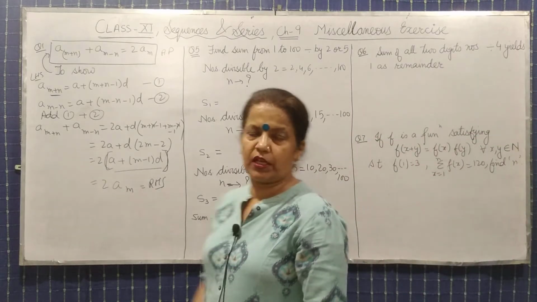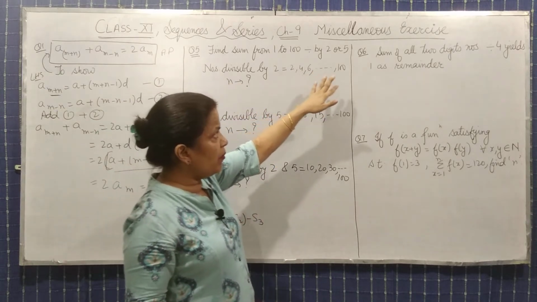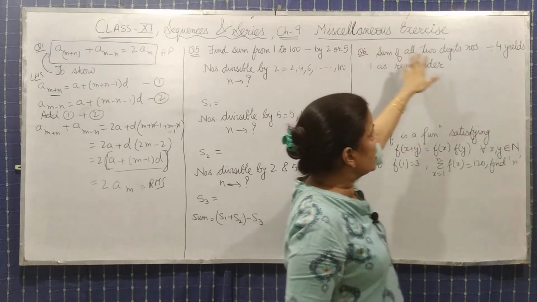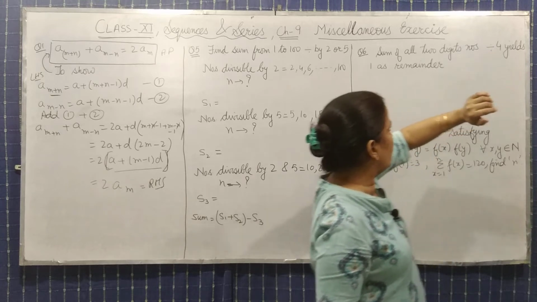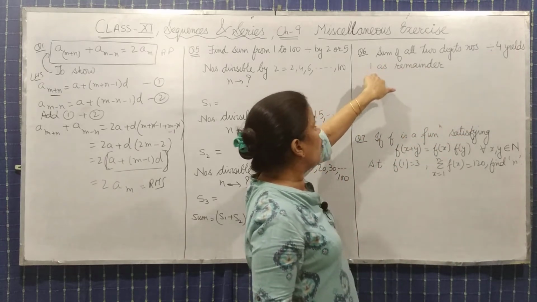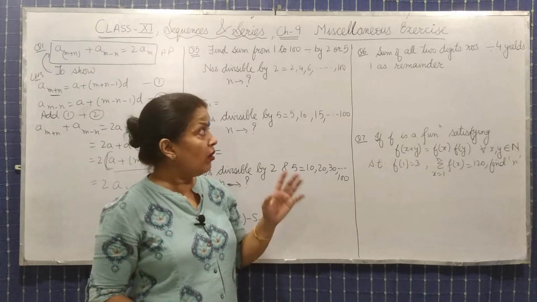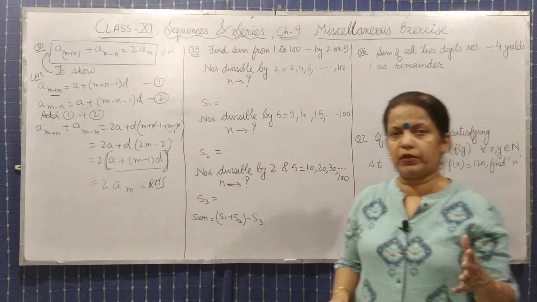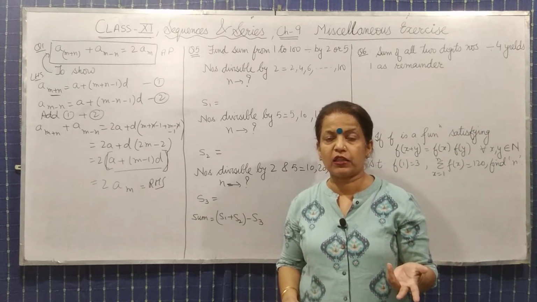In question 6, it is given find the sum of all 2 digit numbers which are divisible by 4. After dividing it with 4, it yields 1 as remainder. 2 digit number, और जब उसको हम 4 से डिवाइड कर रहे हैं, then the remainder will come as 1.